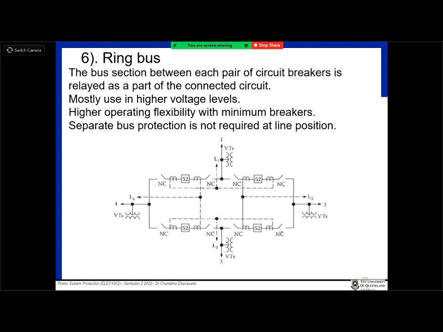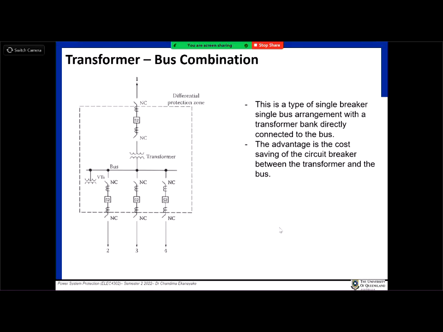This is very, very common in high voltages. Sometimes, when you are looking at this bus configuration, instead of only looking at the bus, the transformer is also included in the protection scheme. For transformers, you will learn that differential protection is very common, but for the bus also, you can include the whole zone like this as the differential protection zone.